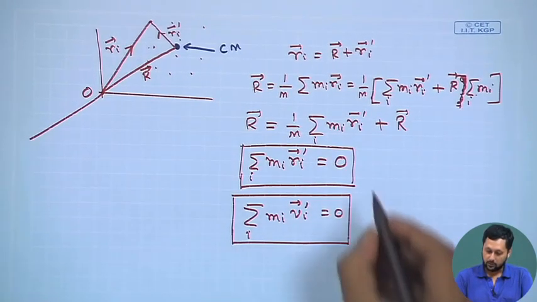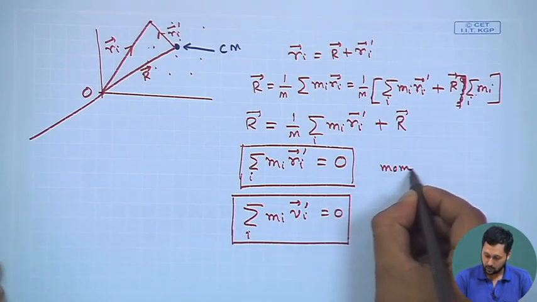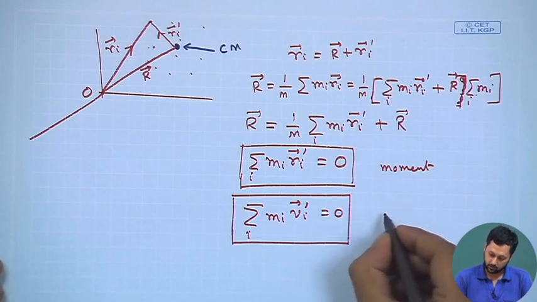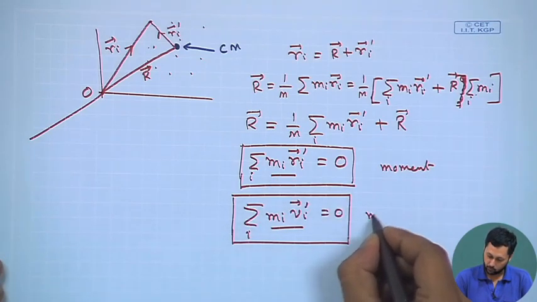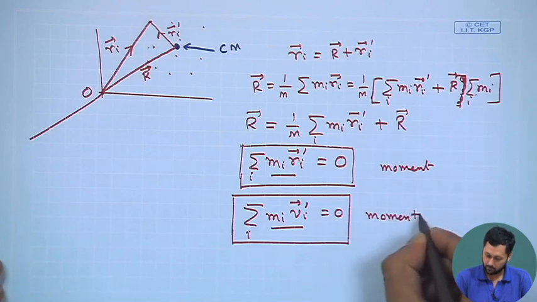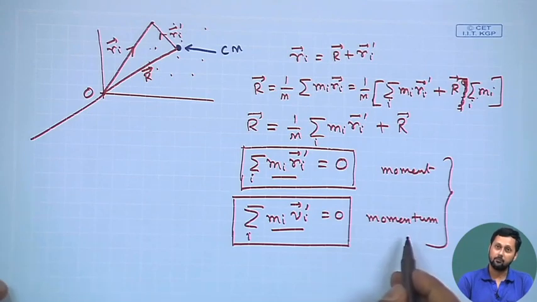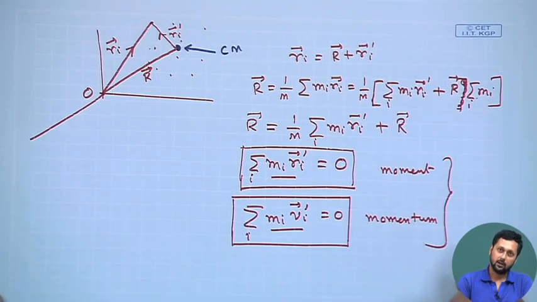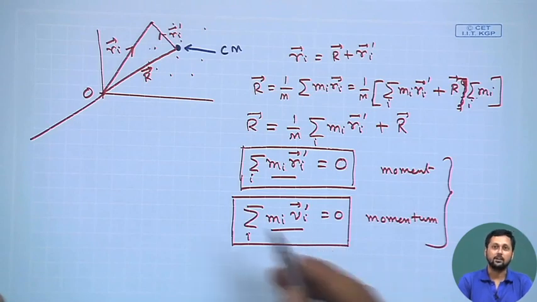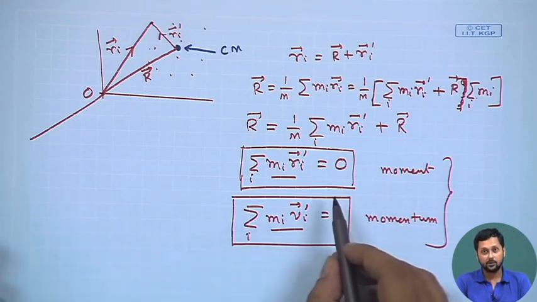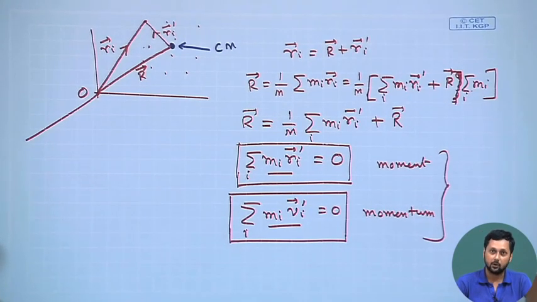This quantity is called the moment and this quantity is called the momentum. So, both moment and momentum for a system of particles with respect to the center of mass vanish. This is a very important relation, we will be using it a lot during our discussion of rigid dynamics.